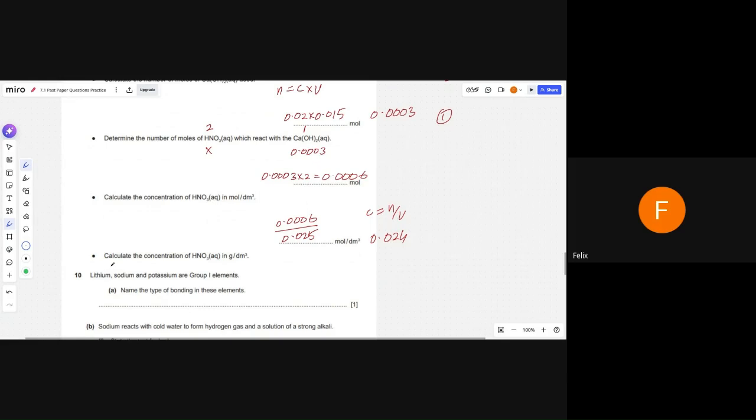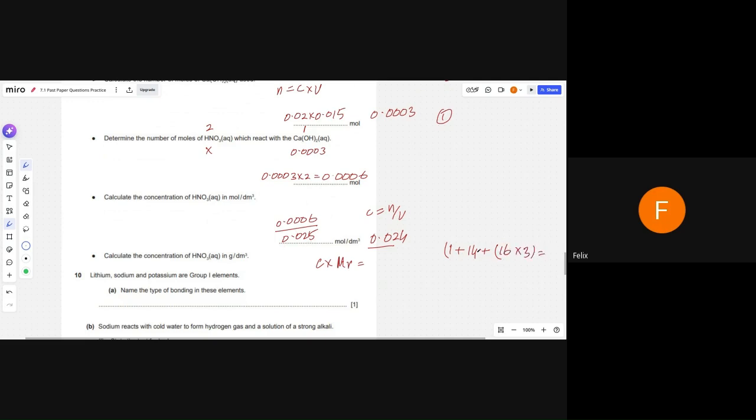Now calculate the concentration of nitric acid in grams per dm cube. So the formula is concentration times the molar mass of the compound. The molar mass of nitric acid is 63. So hydrogen 1 plus nitrogen is 14, and oxygen is 16, but we have 3 oxygens, so 16 times 3.